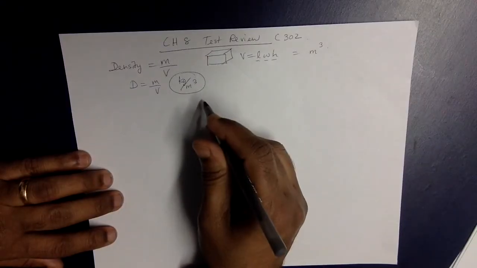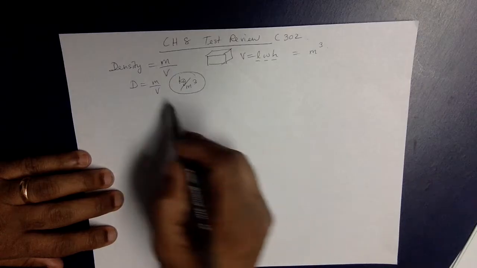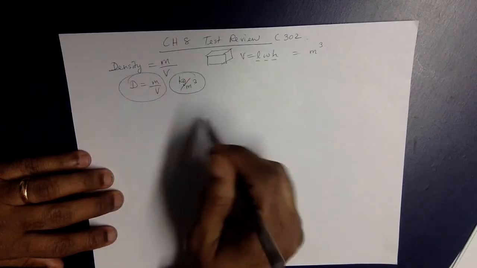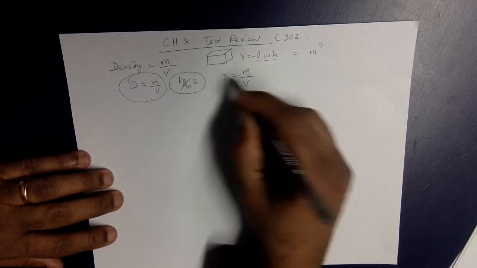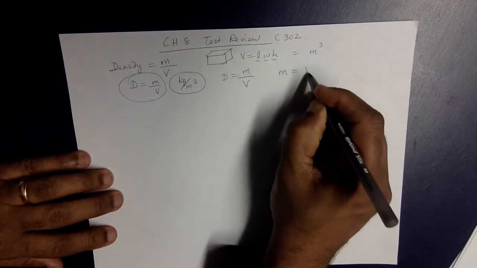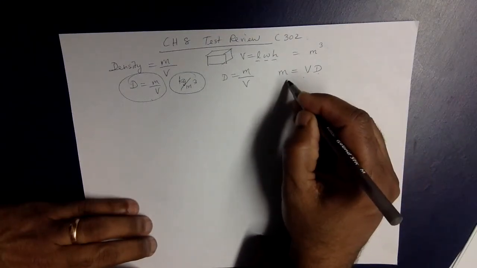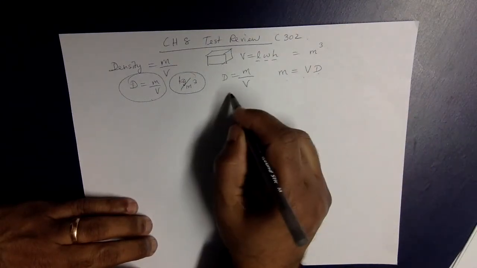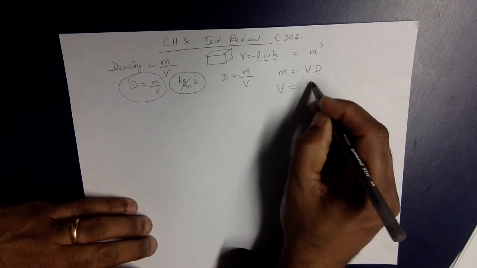And then we went over the concept of, well, you can be given more questions on this. If the density is mass over volume, then cross multiplying it, you get mass is volume times density. So if you're given the volume and the density, you can figure out the mass. Or if you single out the volume, volume is mass over density.